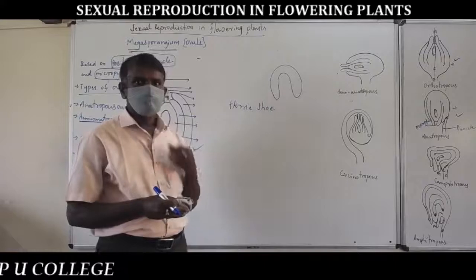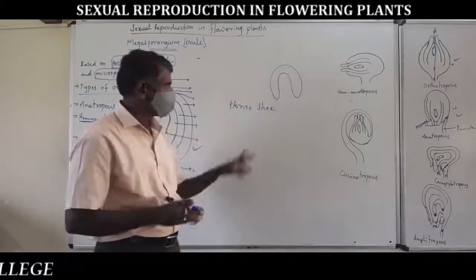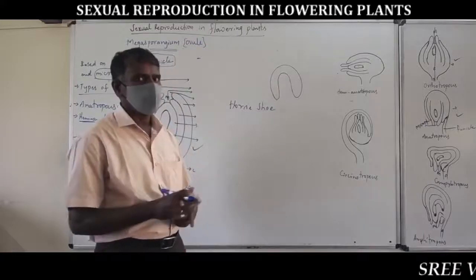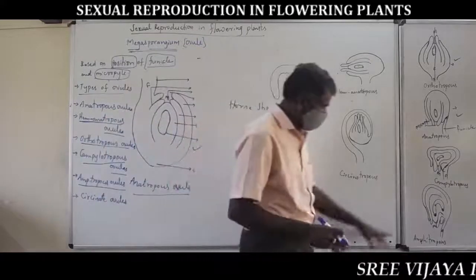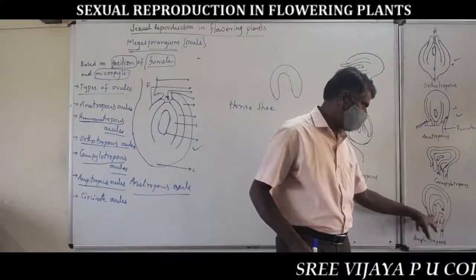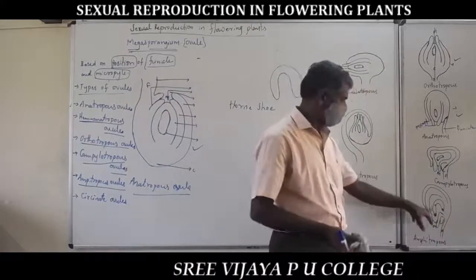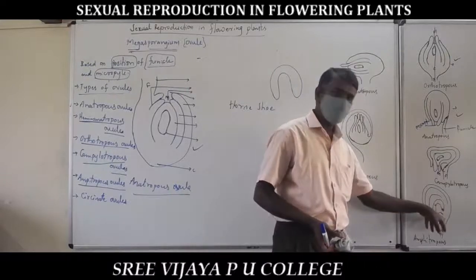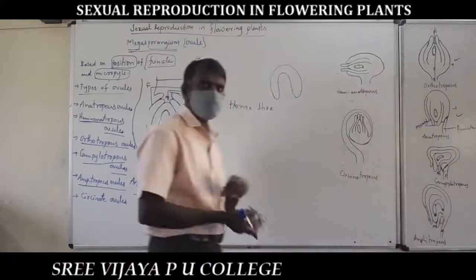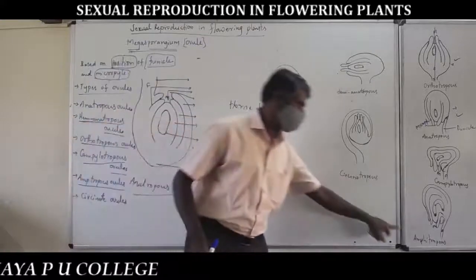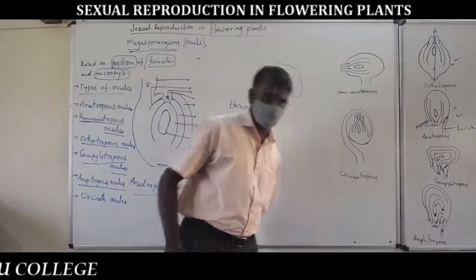Amphi means both; the two ends of the embryo sac are a little bit nearer. So that is the main nature of the amphitropous ovule.